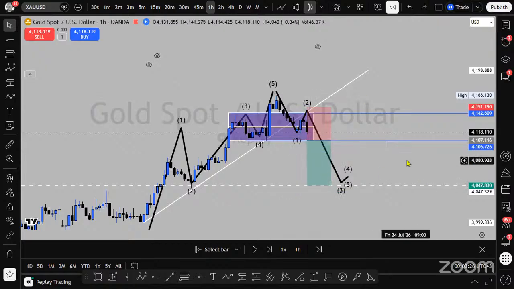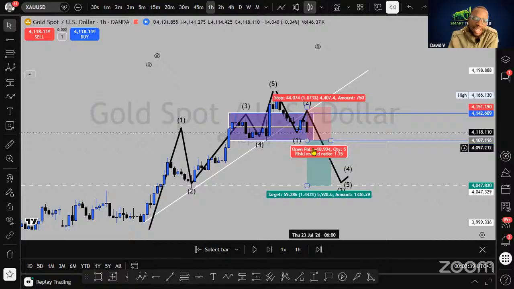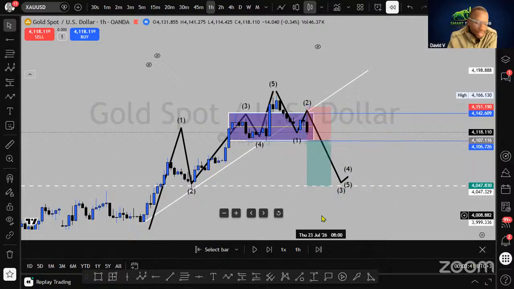You forgot. Okay, this is a sell stop because I'm expecting the market to break here and continue pushing down.